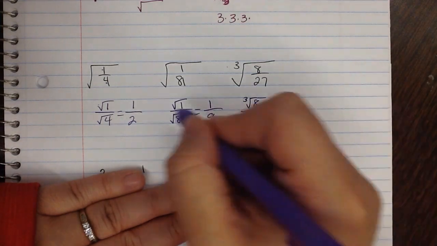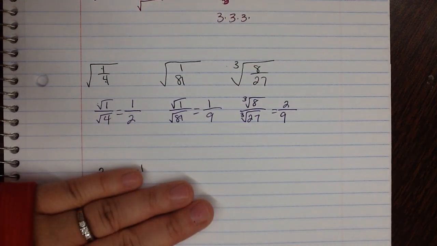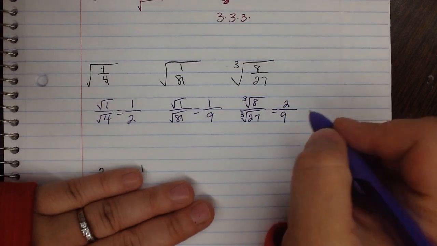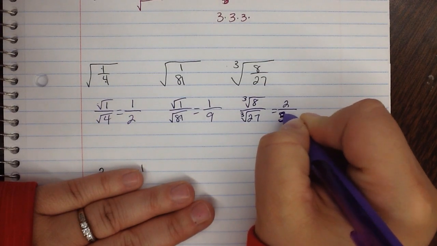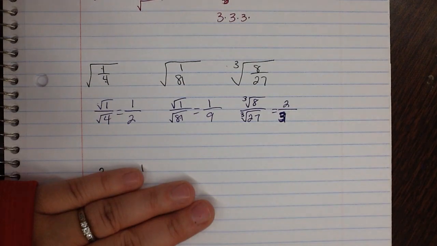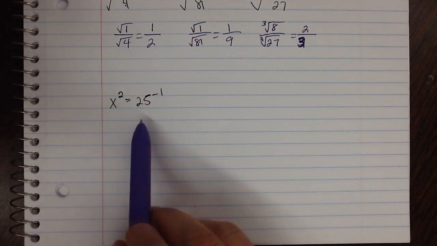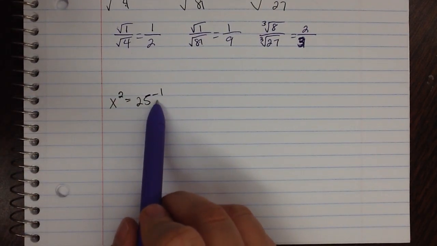So that's how you would work fractions with square roots and cube roots. This would be 2/3. 3 times 3 is 9, times 3 is 27. I don't know where I wrote 9. It would be 2/3.